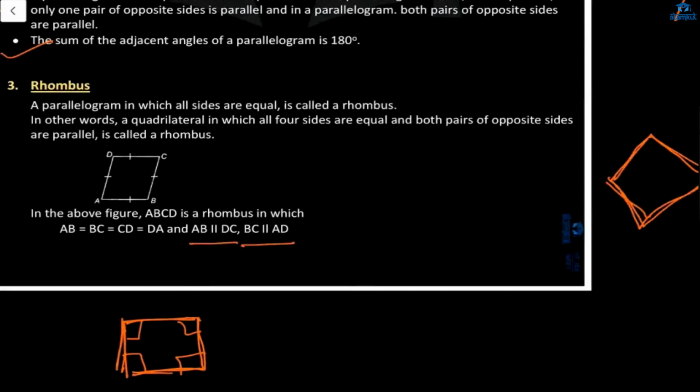Opposite sides are parallel and sides are also equal. So all the rhombus can be a parallelogram, but all the parallelogram cannot be a rhombus, because in a parallelogram we cannot say that all the sides are equal.